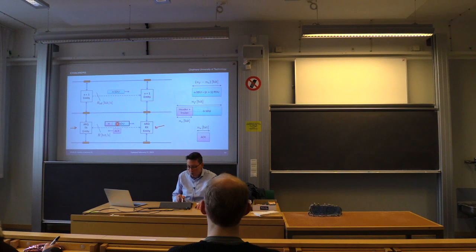Let's look at the information frame here. It consists of a header and then the payload. The header has NO bits, O for overhead, and the whole frame has size NF bits.